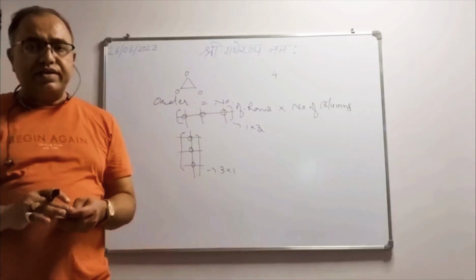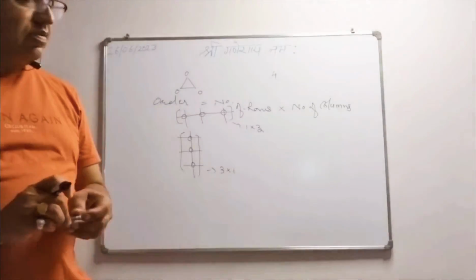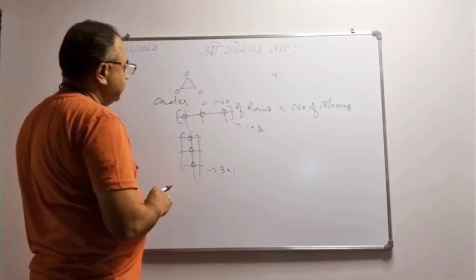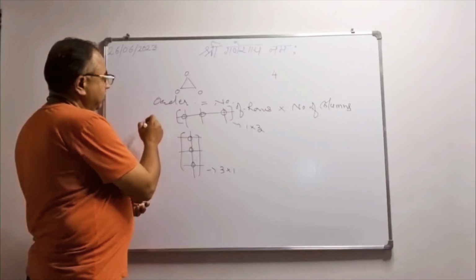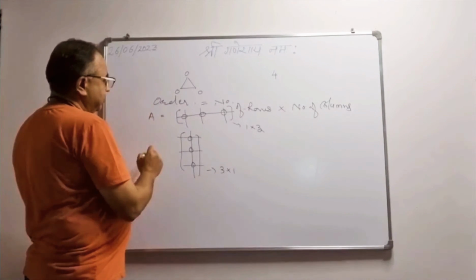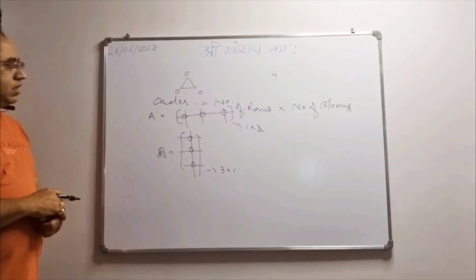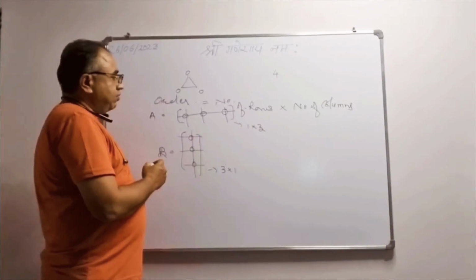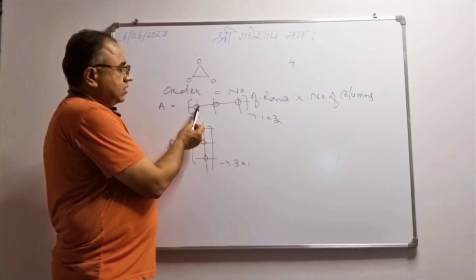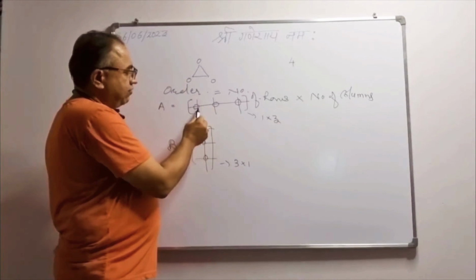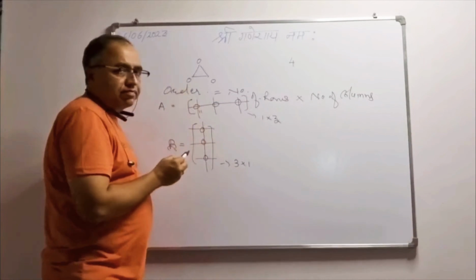Now how to represent and determine a matrix? To represent or denote it, you can use capital letters, capital A, capital B. These are the matrices. For representing entries, there are positions. This first element is at the position of first row and first column. It's called the 1, 1 position.